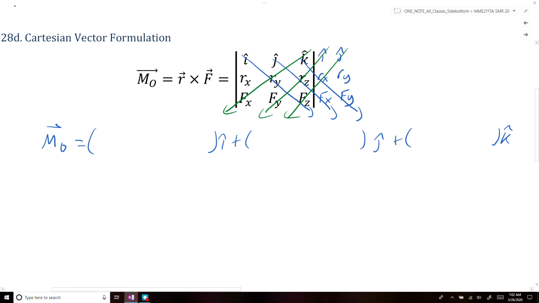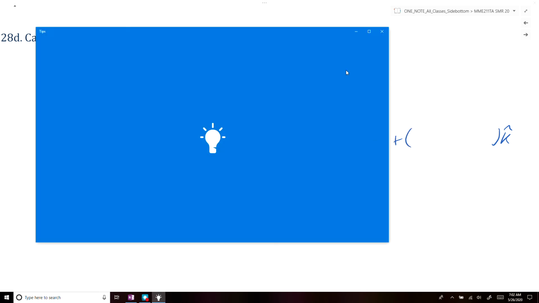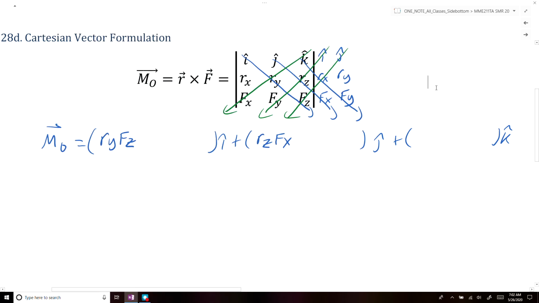If we look at the diagonals from the top left to the bottom right, we'll get ry times fz times the unit vector i, rz times fx times the unit vector j, and then rx times fy times the unit vector k.